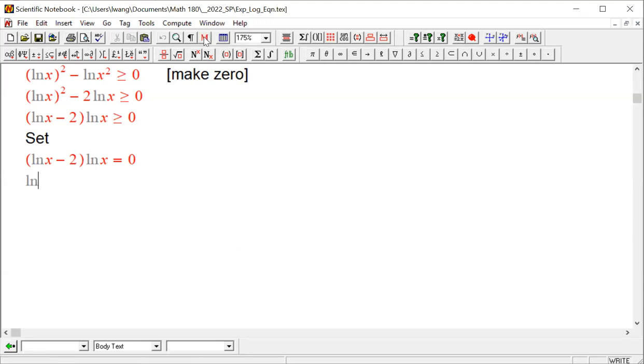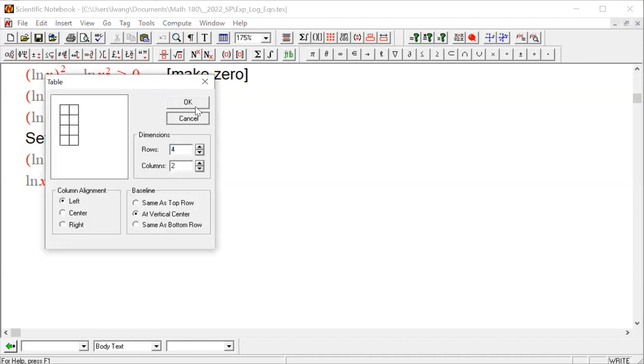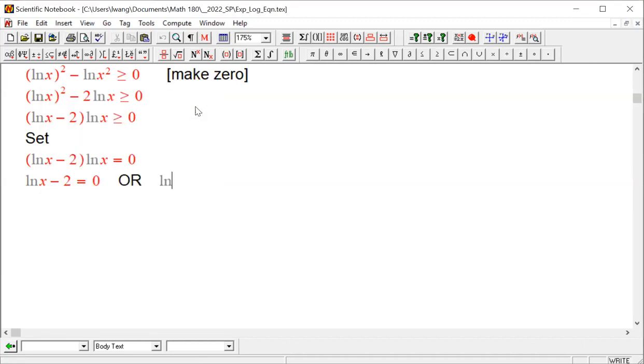So we have ln x minus 2 equals to 0, or ln x equals to 0. And we get solutions, right? Here we get ln x equals to 2, and then x equals to e to the power of 2.